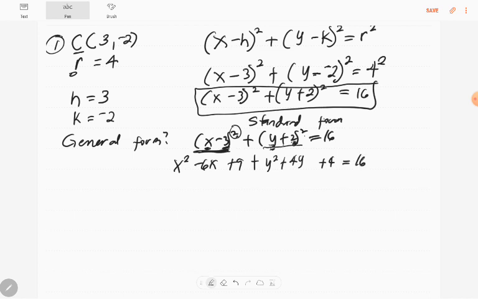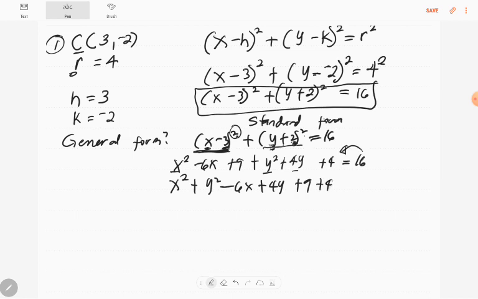Now, rearrange the terms in such a way that all the variables of the highest power are on the first part. So you have x^2 + y^2, and then you got -6x, plus 4y, and then +9, the constant, plus 4.